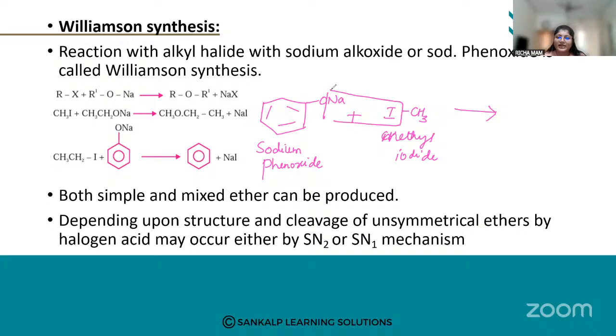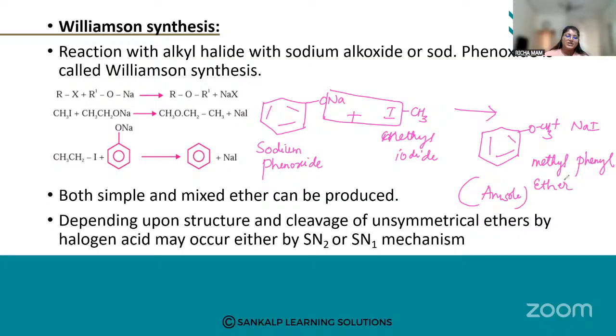This Na will react with I, so I'm going to get NaI plus C6H5OCH3. So it is methyl phenyl ether, or anisole. The name is anisole. Is it clear?